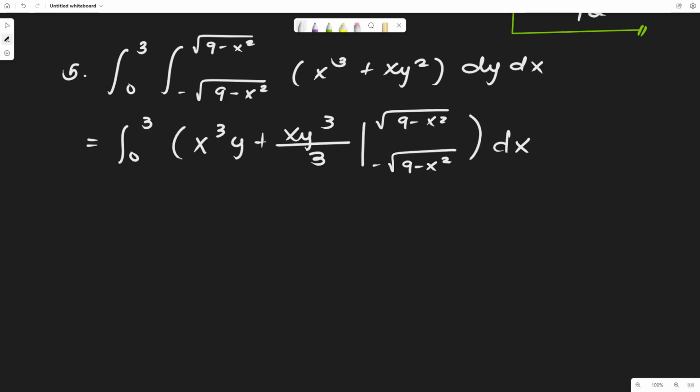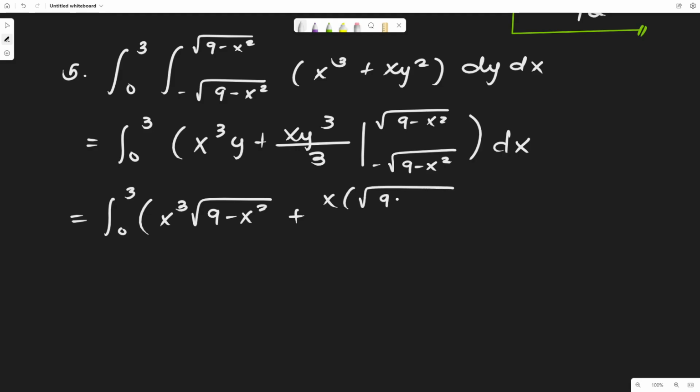Okay, as you can see, it's somewhat difficult, especially once we substitute. What comes out is, from 0 to 3, x cubed square root of 9 minus x squared plus x times square root of 9 minus x squared cubed over 3, which is quite difficult to evaluate.